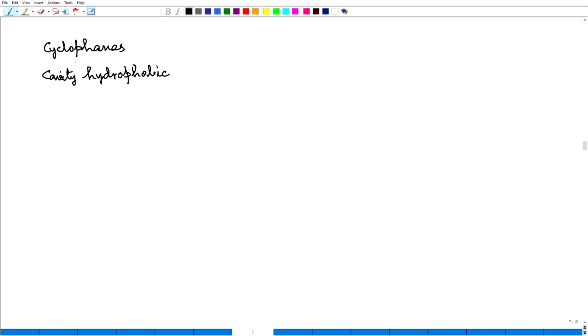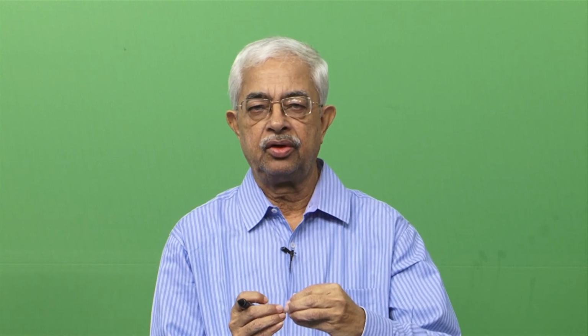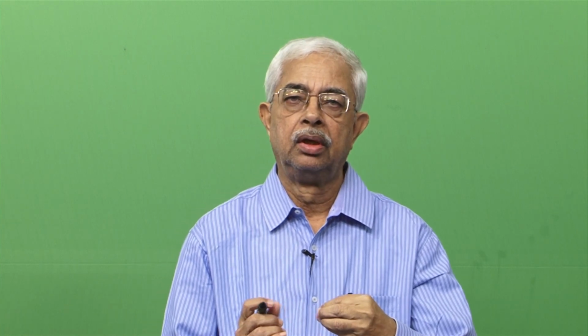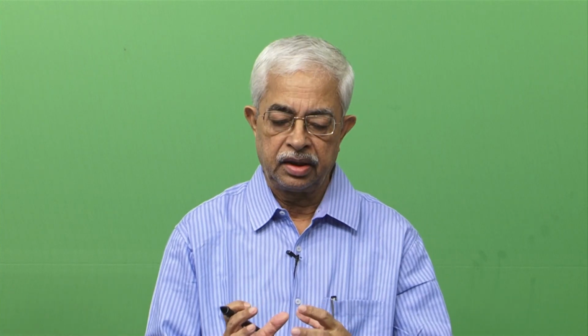Cavity is completely hydrophobic. When we discussed cryptands, I told you that in cryptands the cavity can be hydrophobic as well as hydrophilic, so we can play around. One side of the cavity can be hydrophobic, another side completely hydrophilic, and it has donor atoms.